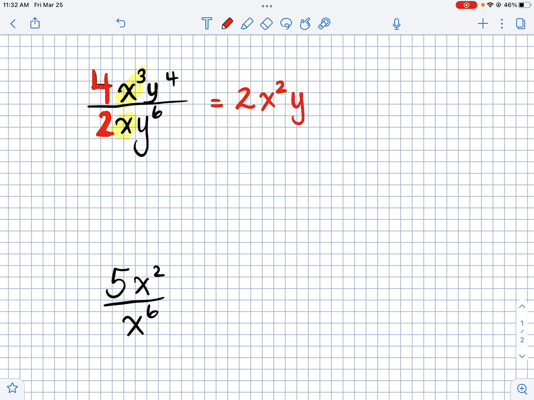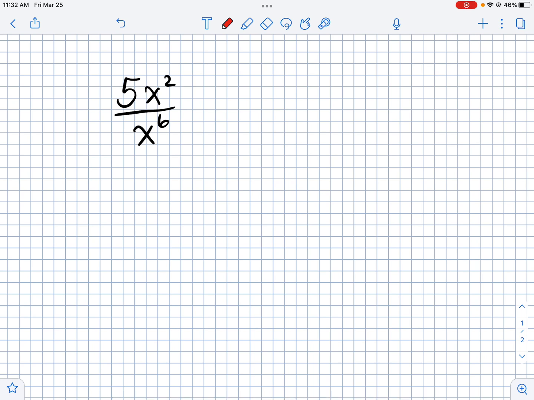But I don't want to write that as y to the negative 2 because I don't really like writing negative exponents. A better way to write that would be to keep the y in the denominator, so y to the power of 2. Which makes sense because there were 6 y's down here and only 4 up here. So it makes sense that 2 would be left in the denominator after we simplify. And that would be the final answer.